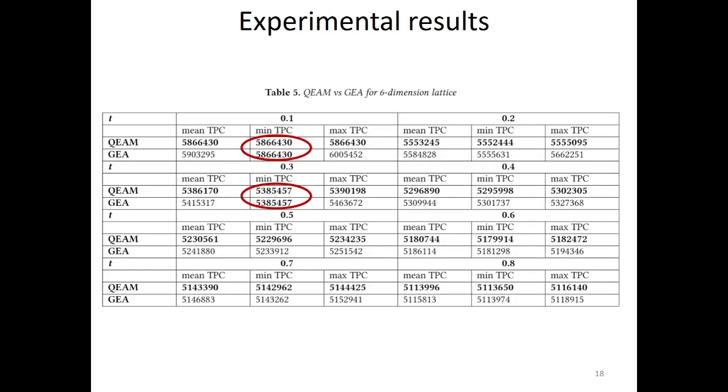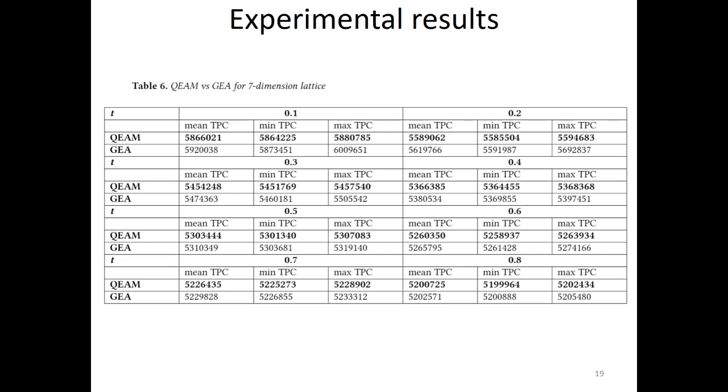As for the 6-dimensional lattice, the table shows that QEAM finds better solutions since its mean, minimum, and maximum TPC are better than the genetic algorithm's, except for the thresholds 10 and 30%, where the genetic algorithm finds a similar minimum TPC.